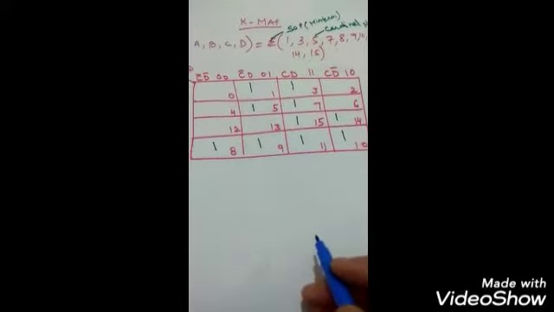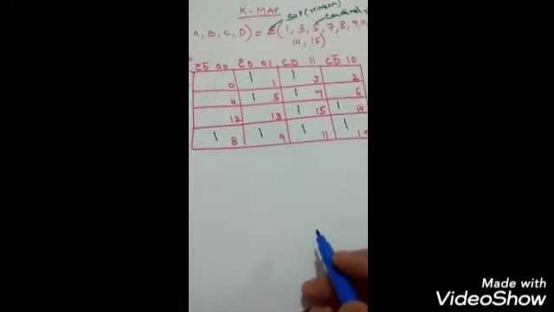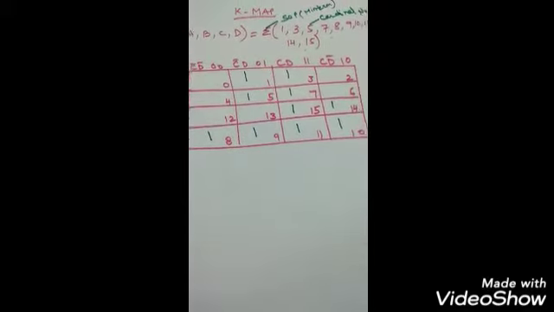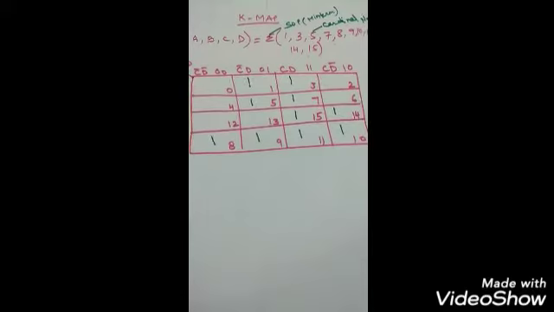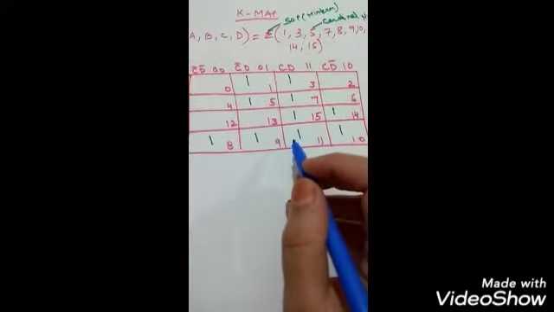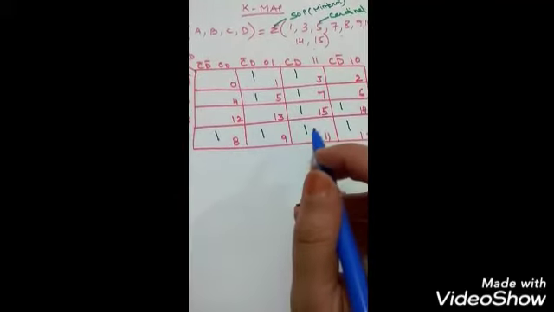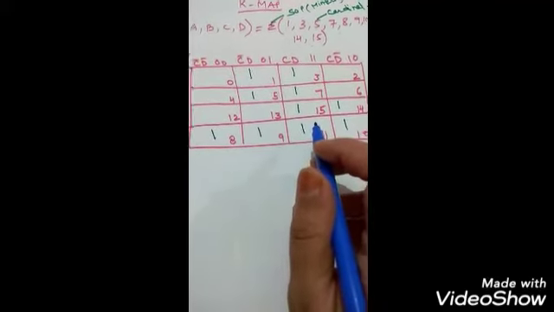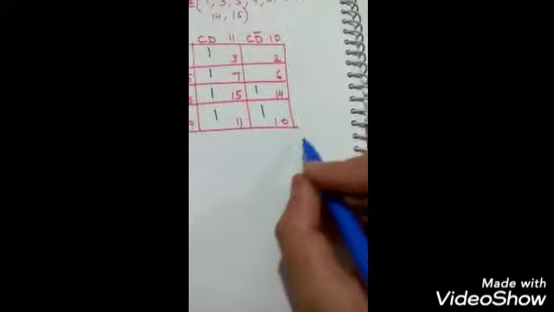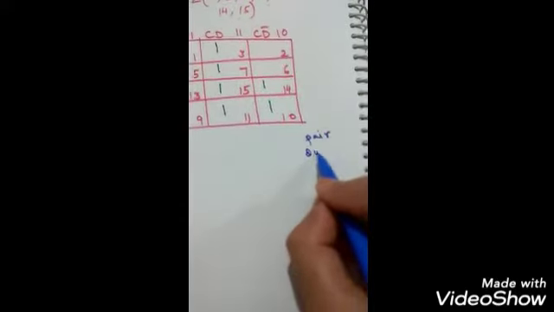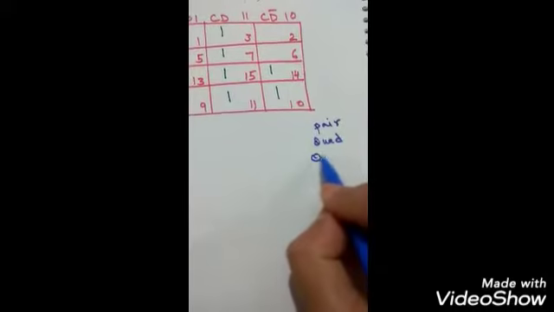Now we have to form the groups. As you have seen in the video on rules for grouping, we will see over here how we can group the cells. In the rules I told you that we will group as large as possible. We have studied 3 things: pair, quad and octet.